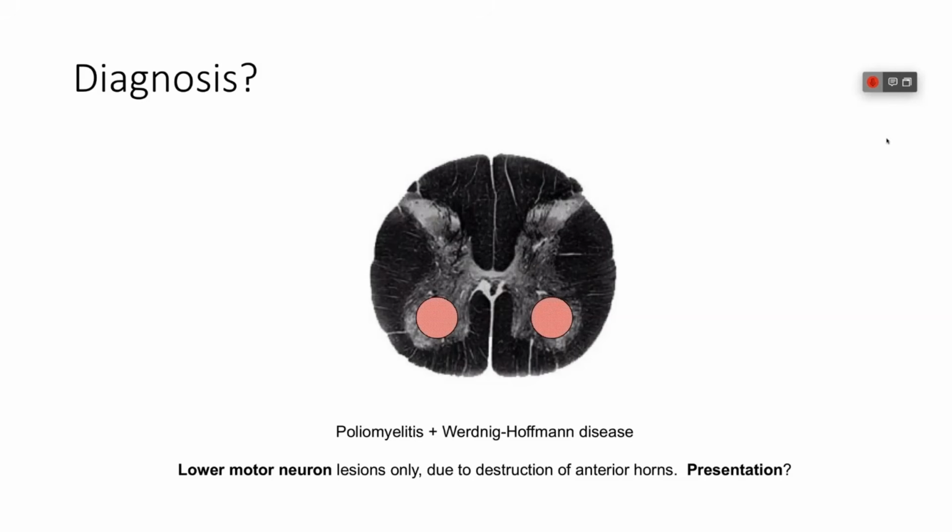So flaccid paralysis, basically you have a loss of muscle tone, whereas spastic paralysis you have hypertonia. Yeah, exactly. It's an increase in tone. It goes along with hyperreflexia, but it's a distinct entity.